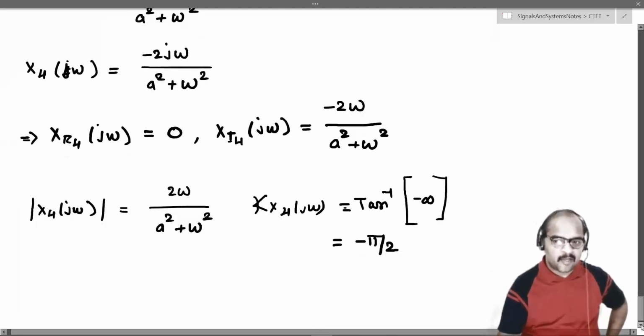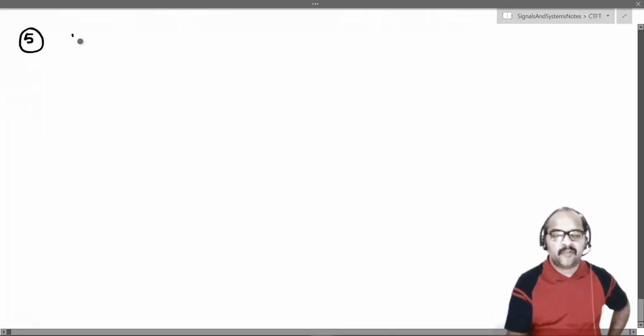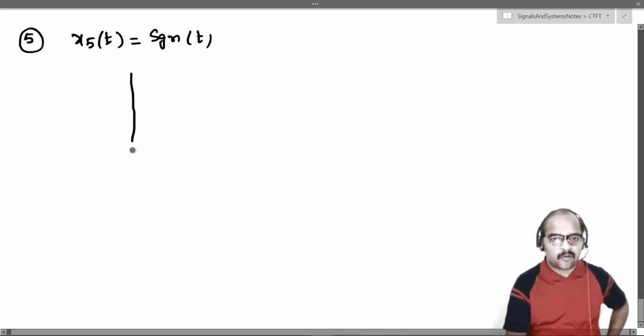So we will take the fifth example, the fifth one, in which we take x5 of t to be equal to signum of t. The plot of which will look like this. This signum function we have already seen in the first chapter.